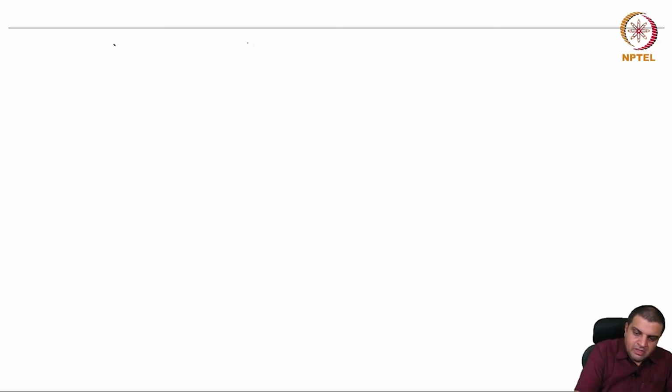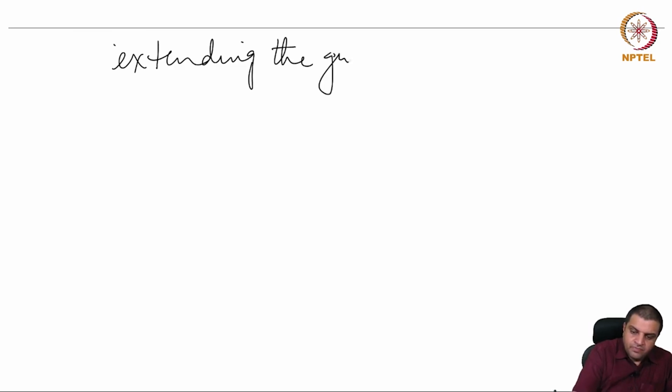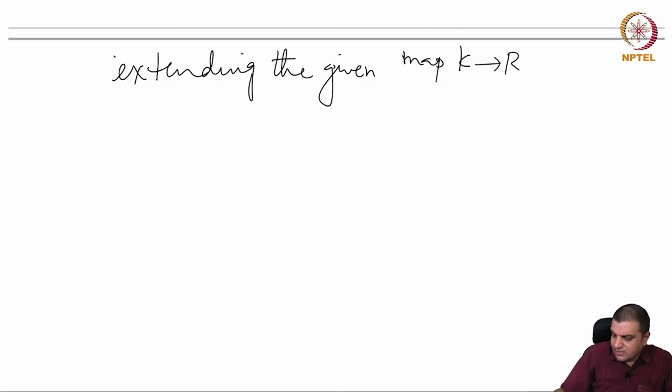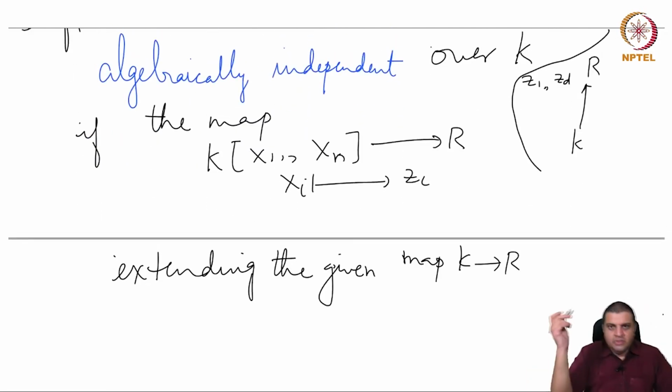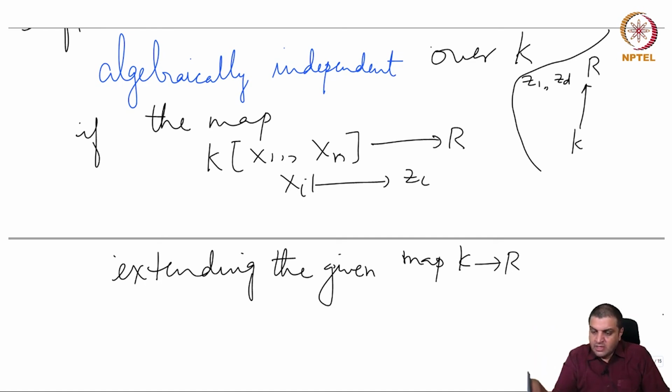So the map extending the given map K to R.